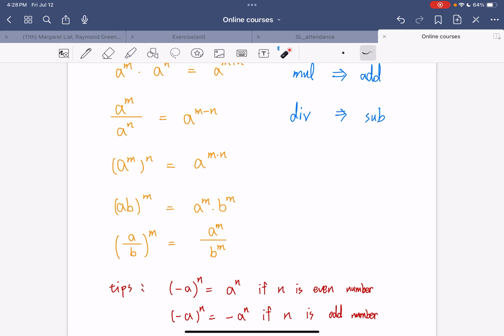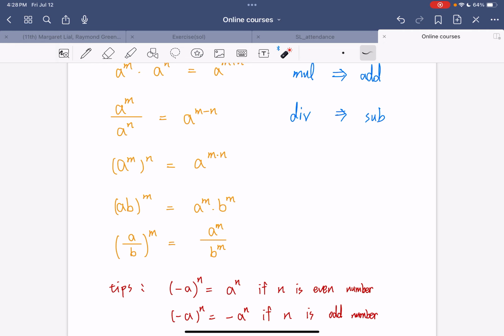Just keep in mind that when you got an exponent of something in a bracket, you do the same thing to each element inside of it. So in this case, it's a, b in this bracket. So a will have n as its power, and b also got n as its power. That is a with power of m times b with power of m.